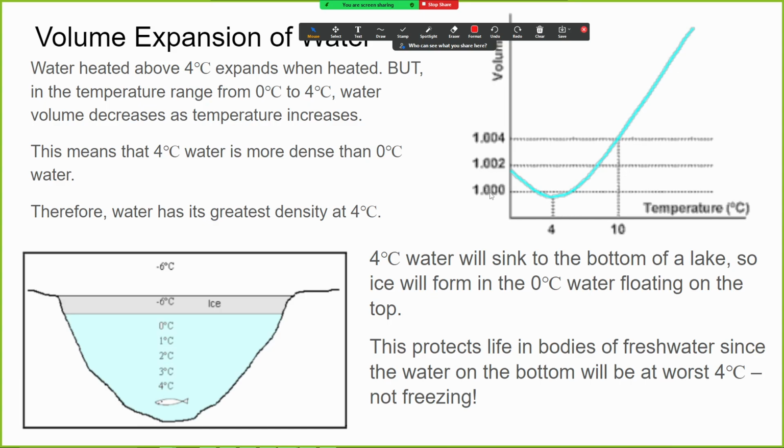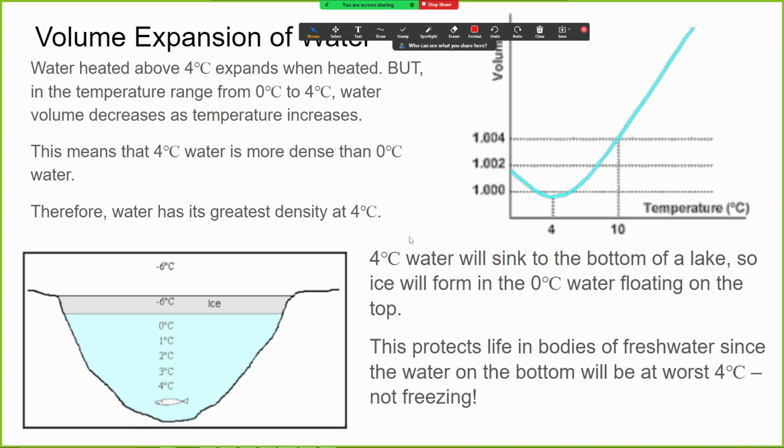So when I said before about a change in temperature, you can clearly see that volume versus temperature here is not a consistent relationship as far as direct proportionality. Between 0 and 4 degrees, you can actually see a completely inverse relationship. Okay? So with that in mind, 4 degrees Celsius water is actually more dense than 0 degrees Celsius water, so therefore water must have its greatest density at 4 degrees Celsius.